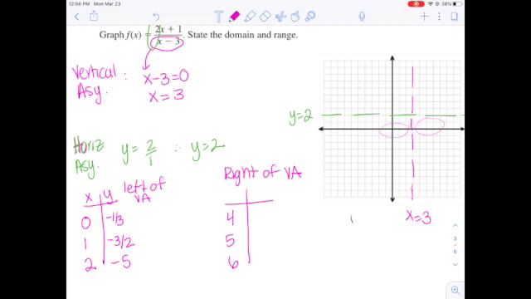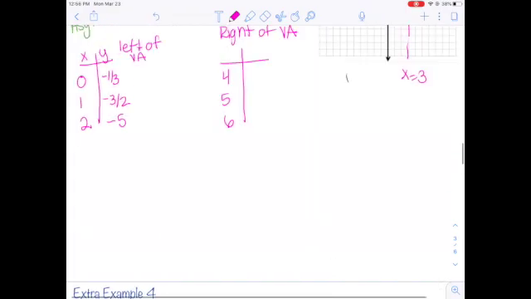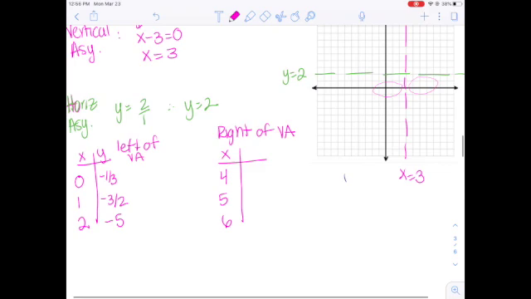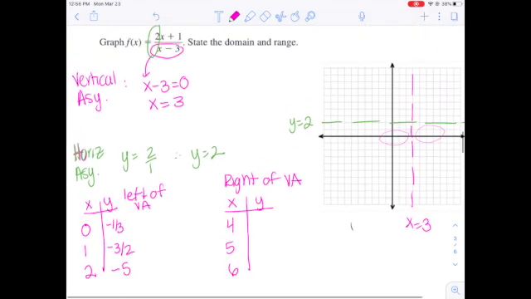Plug in 2, you get negative 5. Oops, sorry about that. X and Y. At 4, you would get 9. At 5, you're at 5.5, and 6, 4.3.